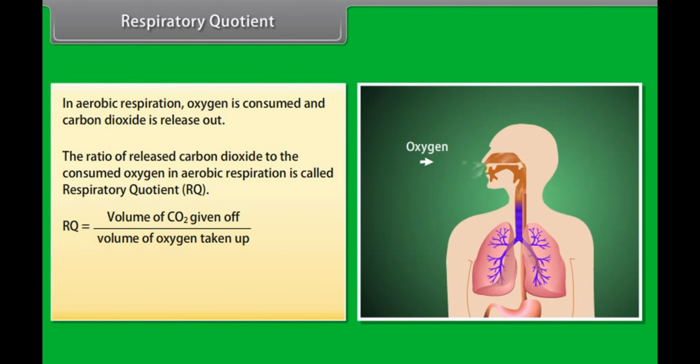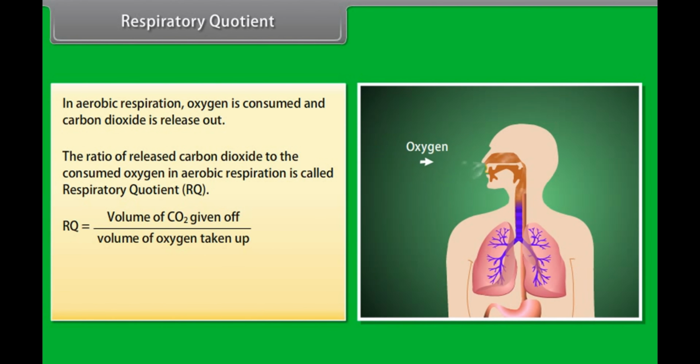Calculation of respiratory quotient. For carbohydrates, C6H12O6 + 6O2 gives 6 CO2 + 6 H2O. Respiratory quotient can be calculated as 6 CO2 by 6 O2, which is equal to 1.